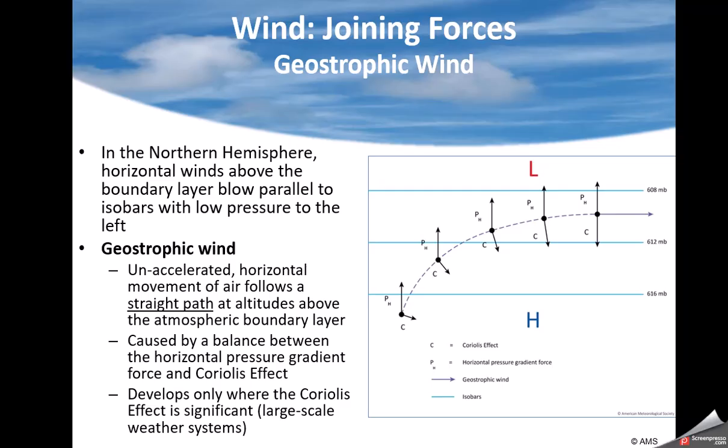As an air parcel begins to move, the pressure gradient force is going to be the strongest and want to push it one way. The longer it's moving along that trajectory, the more the Coriolis effect is going to push the other way, till eventually they balance and the air parcel moves horizontally.